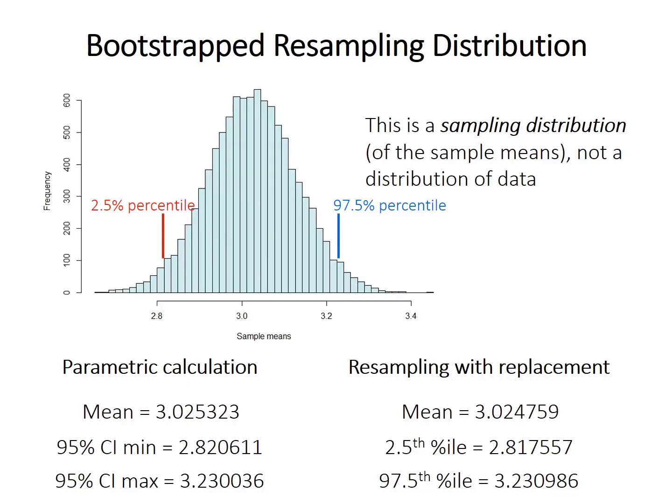So just to compare, if you calculate the mean and the 95% confidence intervals using our parametric methods that you've used before, you get these values like 2.82 and 3.23 for the confidence interval. And it turns out that the 2.5th percentile and the 97.5th percentile of our bootstrapped resampling distribution gives you the same answer.